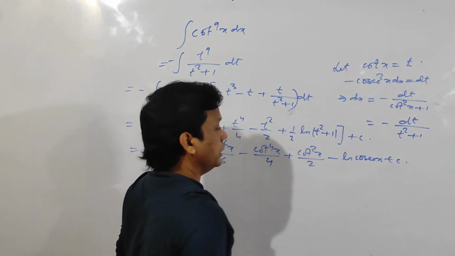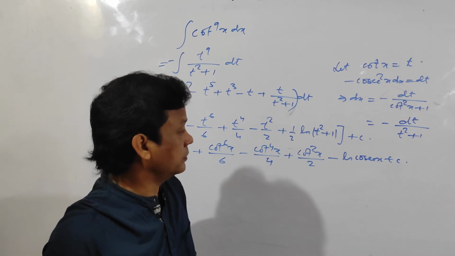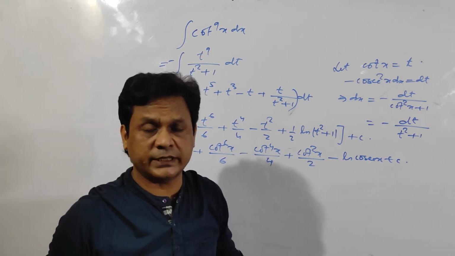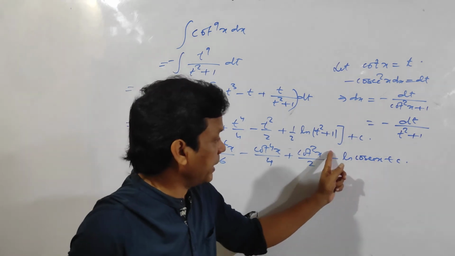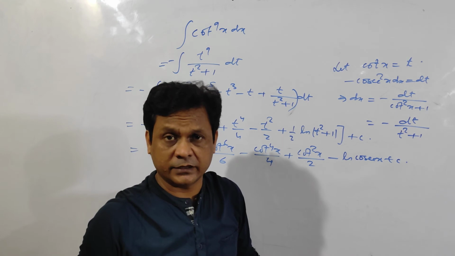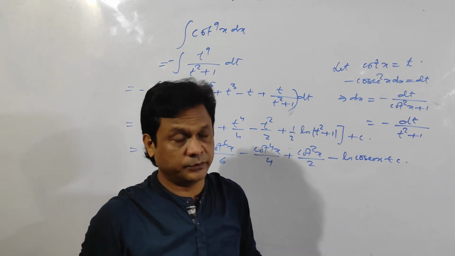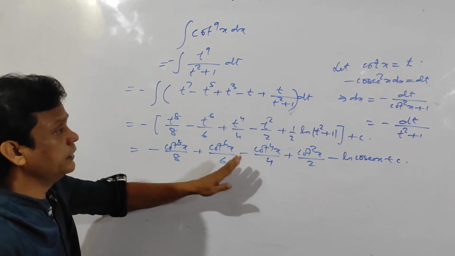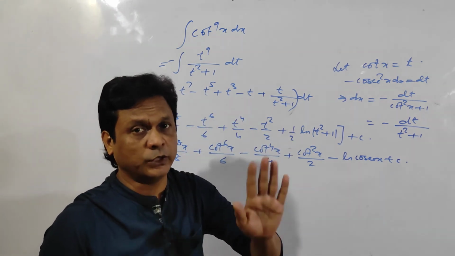Plus c. So you can write minus ln cosec x, or you can write plus ln sin x, because 1 by cosec x is sin x. If you take minus to the power, it will become 1 by cosec x, and 1 by cosec x is sin x. Clear?